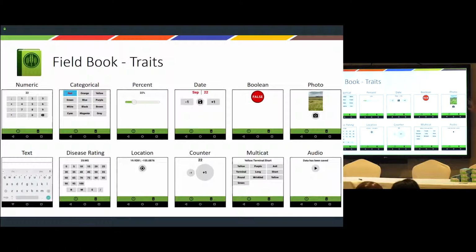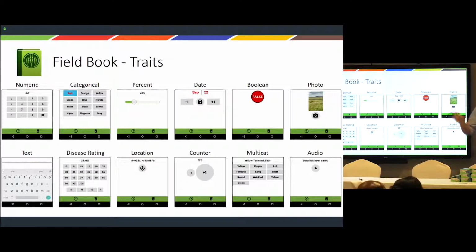We have a photo trait. So we can take photos of the plot that we're looking at, interesting characteristics or features. Those photos are named with the plot ID that we originally chose when we imported the field file, and so the plot ID, the trait name, the number of the photo, and the timestamp.